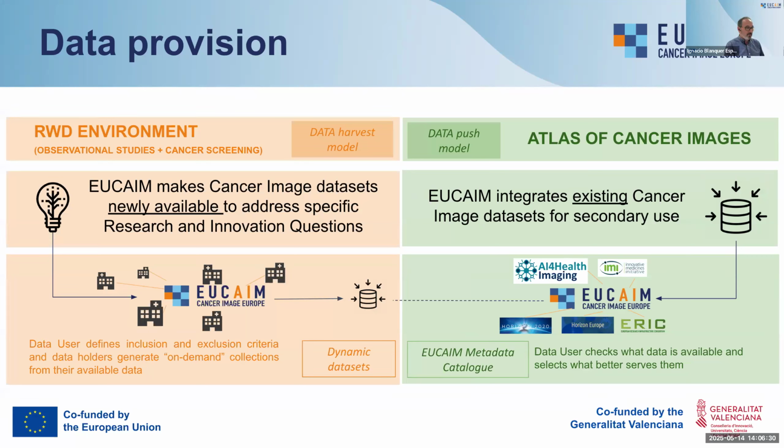We have two models that have been defined: the Atlas of Cancer Imaging, which is existing data that has been produced in research projects or clinical trials and on research infrastructure that are being made available, and a prospective system in order to collect data on demand for real-world data analysis and creating observational studies. I will concentrate most on the right side in this webinar.